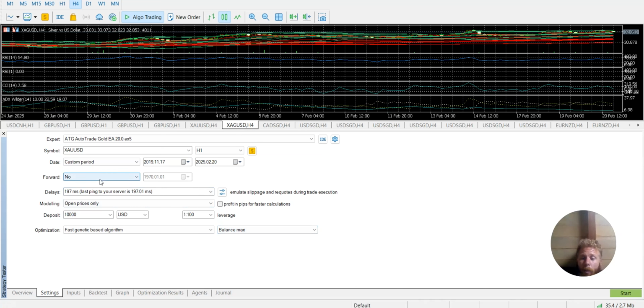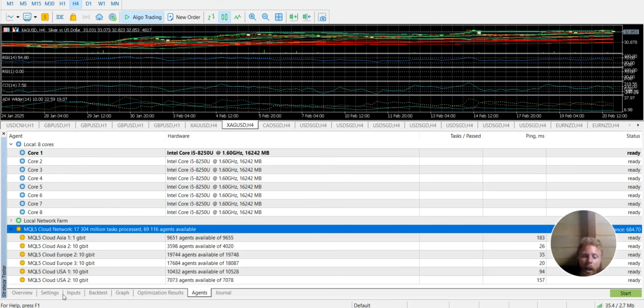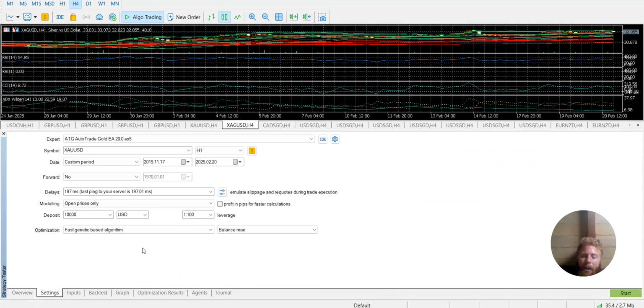One other tip, which is very important: don't do forward testing with MQL5 Cloud Networks. I don't know exactly why, but for me, all the time when I did that at the beginning, I was surprised that it cost, like, but many times it is not even fast.